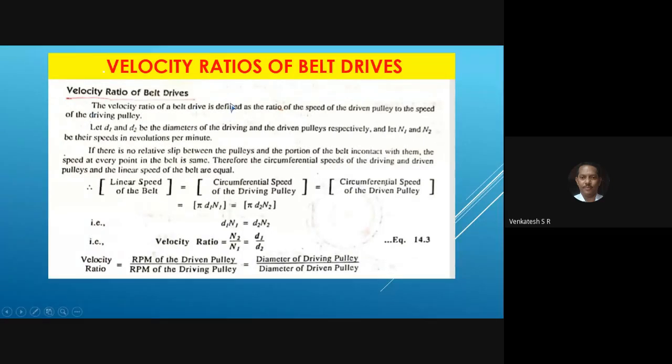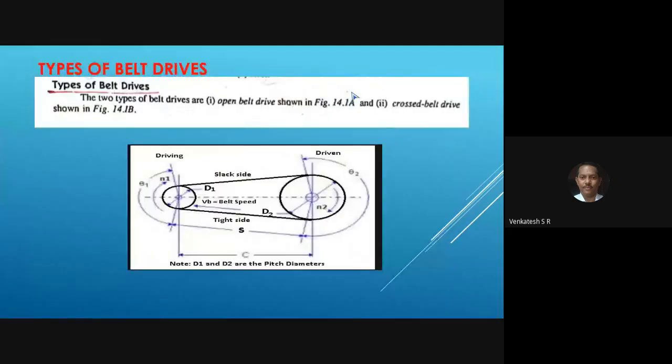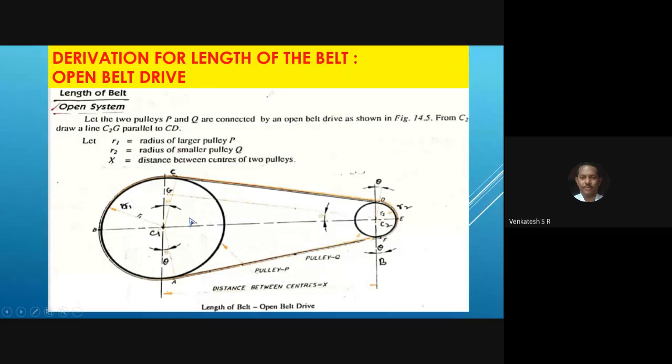For this, draw the first diagram. All of you have this diagram. See, N1, T1. So here you have shown, draw this diagram better. This is the diagram from the derivation for length of the belt.